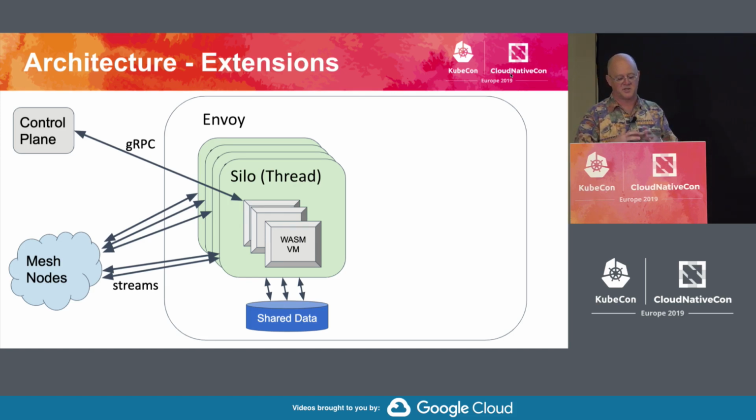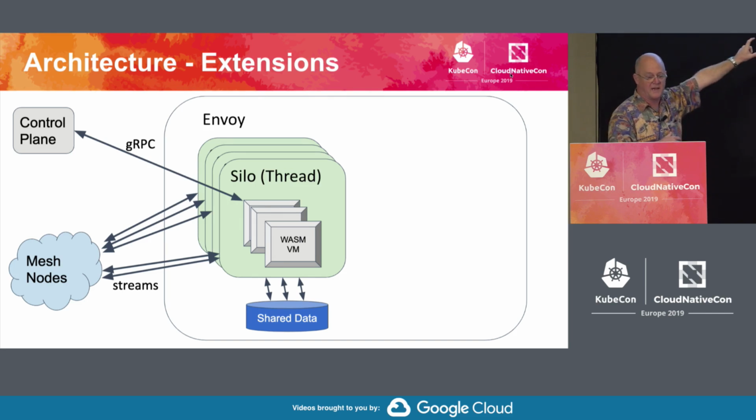That allows us to be single-threaded within the silos and to not have to worry about locks or any other sort of issue. So as you can see, a variety of streams will come in. Some subset of those streams is going to be handled by a silo, and therefore some subset of those streams is going to be handled by a particular WASM VM for any given filter.